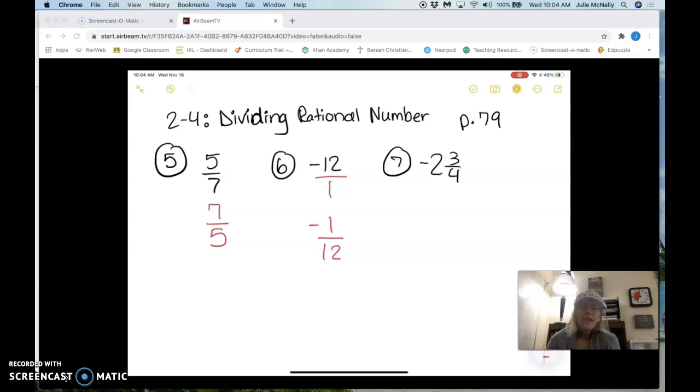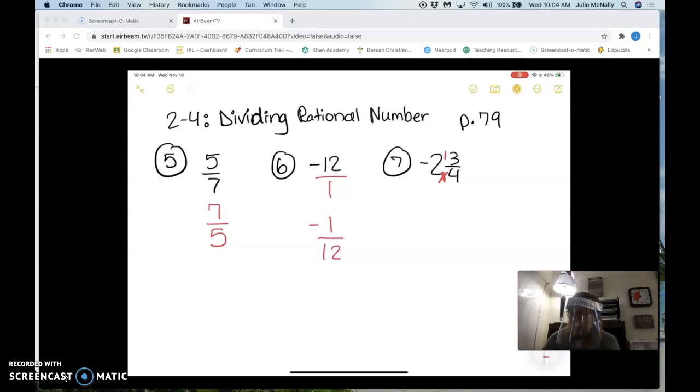All right, and then for the last one, I cannot just flip the fraction part. I have to flip everything. So I first have to change this to an improper fraction. Remember, we multiply the bottom number by the big number. What's 4 times 2? 8.